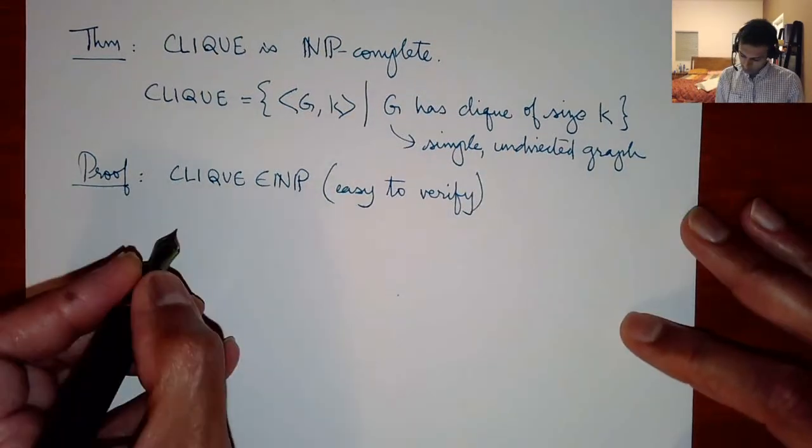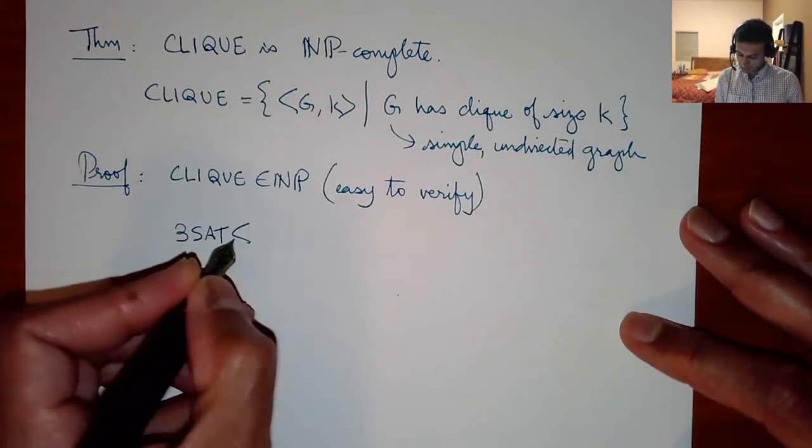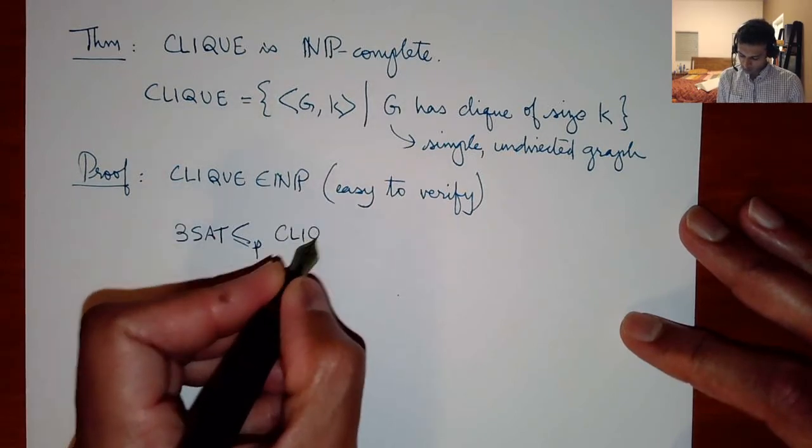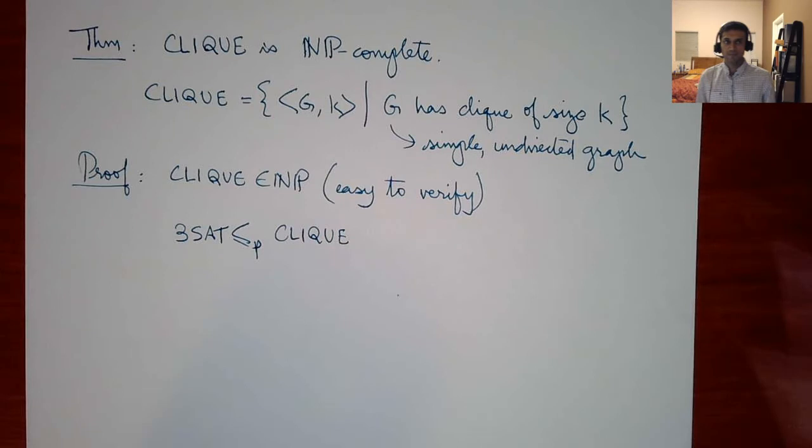And now what we're going to show is we're just going to reduce 3SAT to Clique.